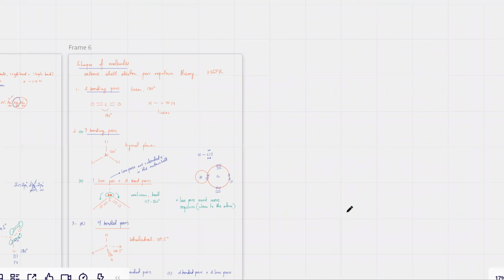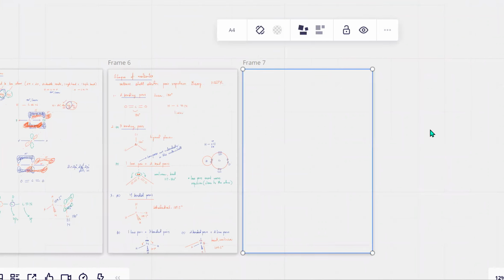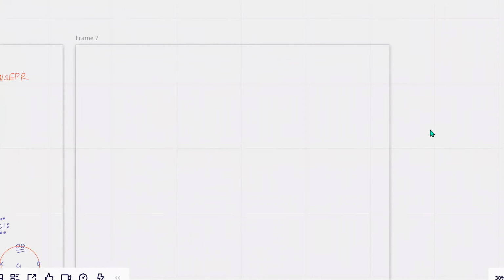So the next one is if you have 5 bond pairs. And that too is going to have a lot of variation.